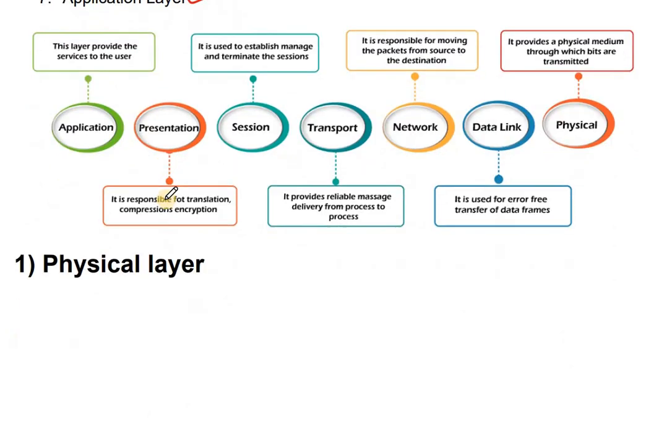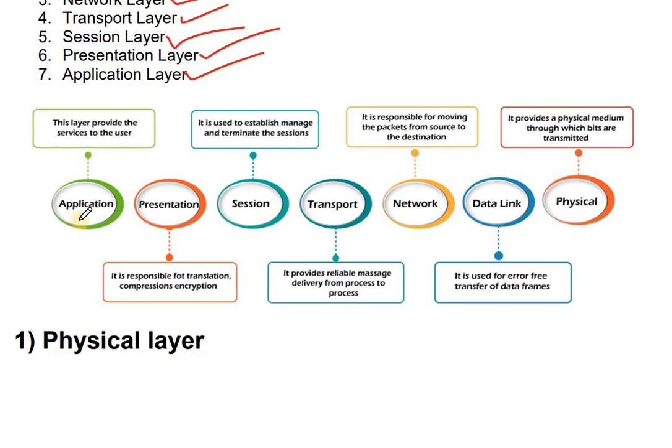Starting from the application layer, it provides the service to the user. Presentation is responsible for translation, compression, and encryption. The session layer is used to establish, manage, and terminate the session.